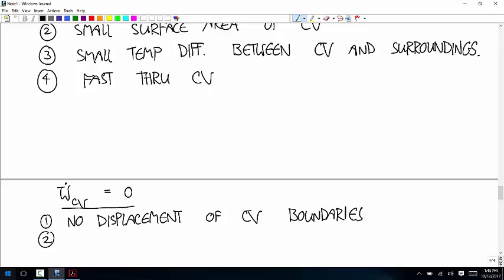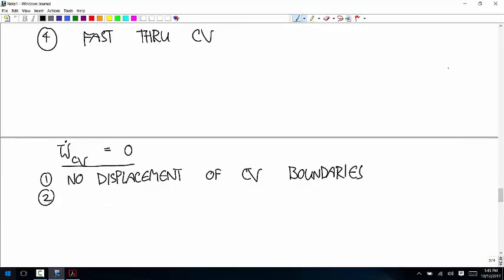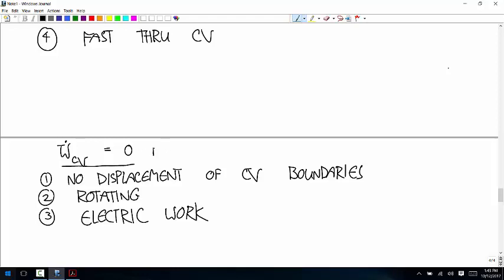Well, you know, actually, these are a little, okay. No rotating shafts. Yeah, that's right. And 3, no electric work. Okay, so the work done by the control volume is 0 if all of these hold.